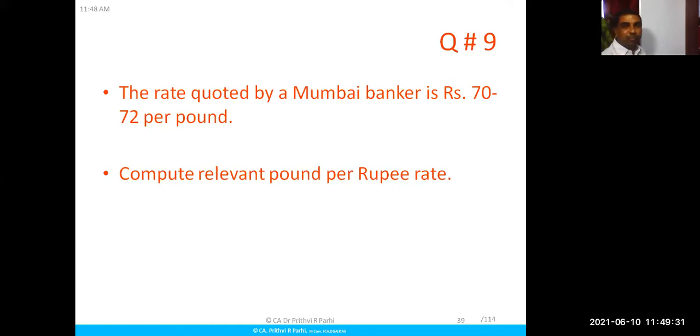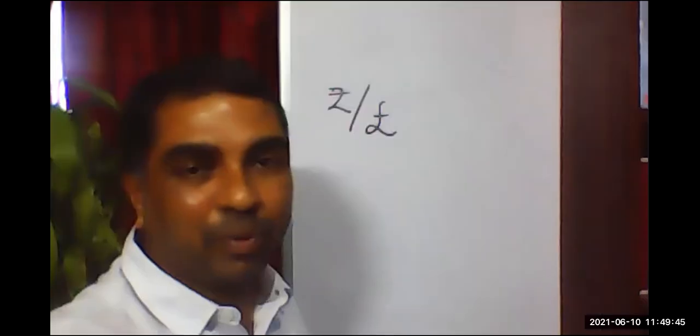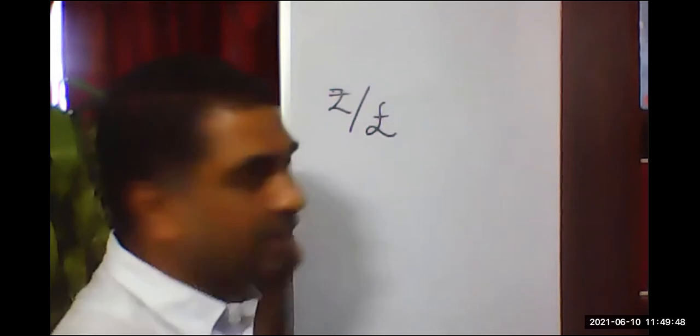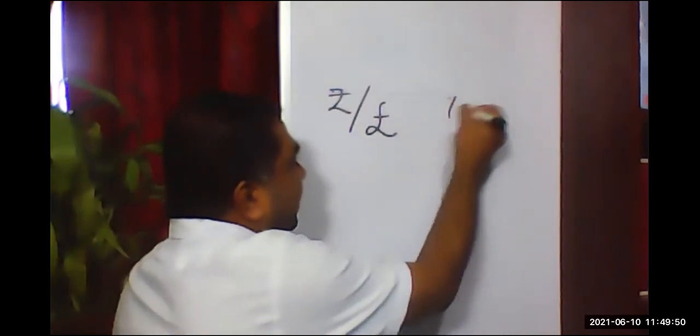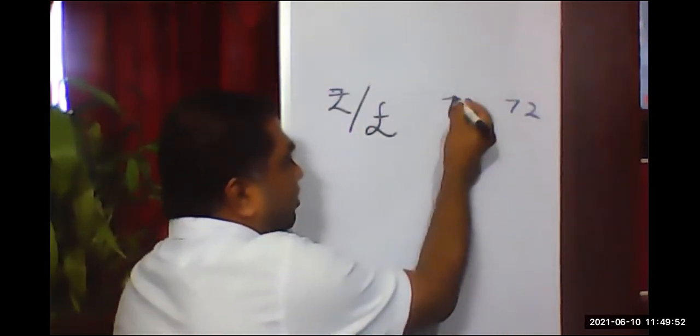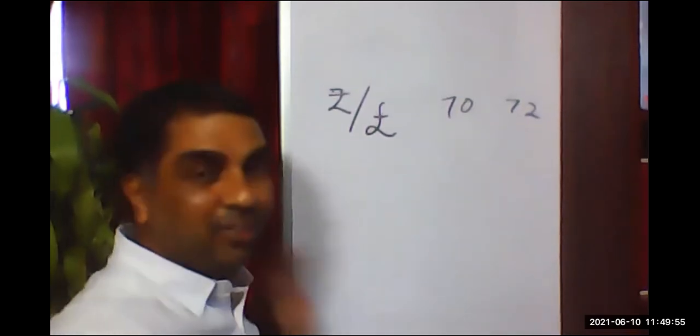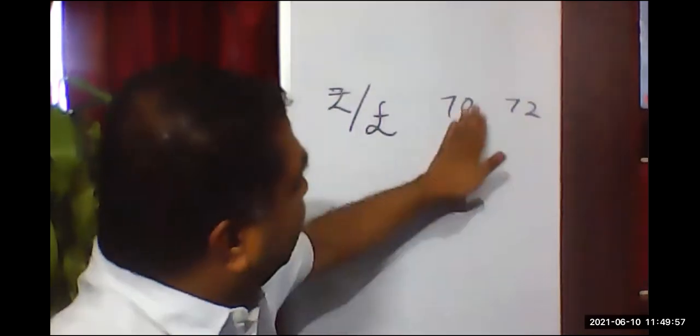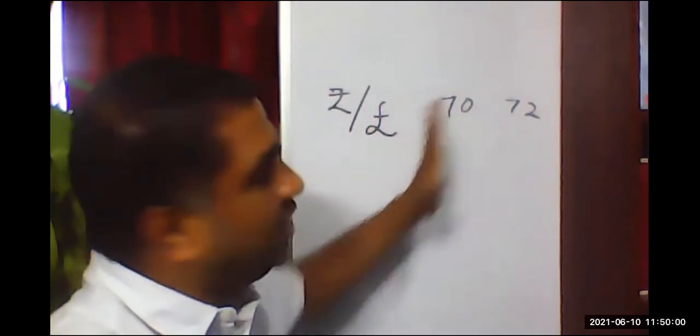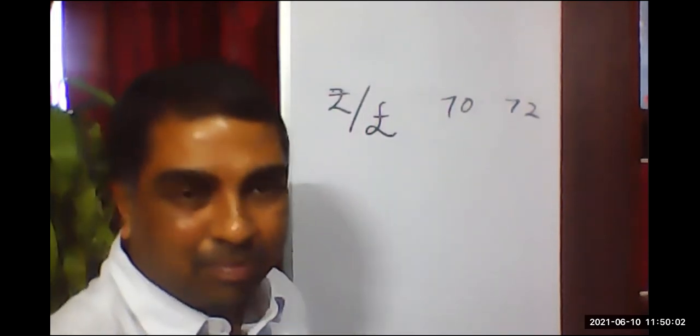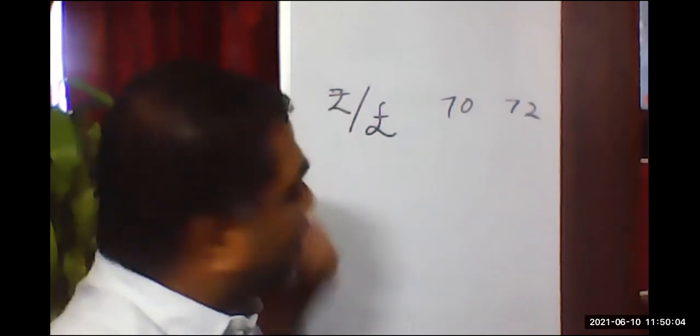When I say rupees per pound, that means it is rupee per pound. This quote is given to you, so what is given to you is rupee per pound, and it is saying 70, 72. First let us understand this much of rupees per pound.